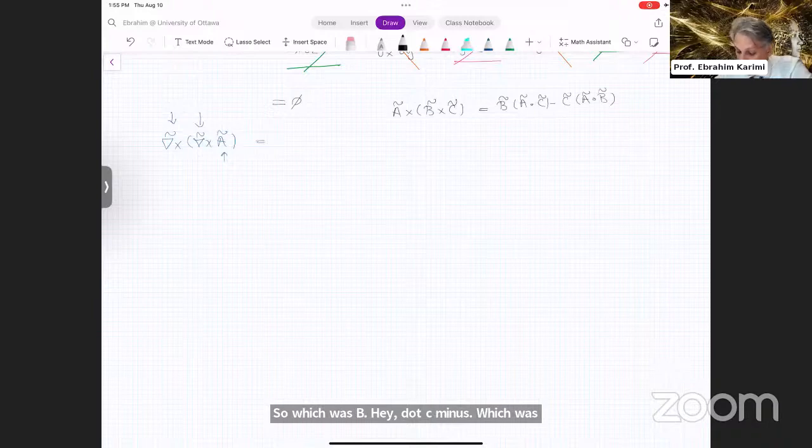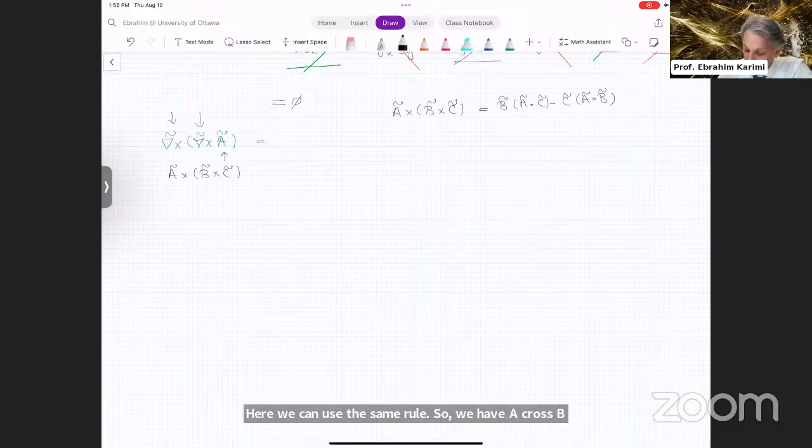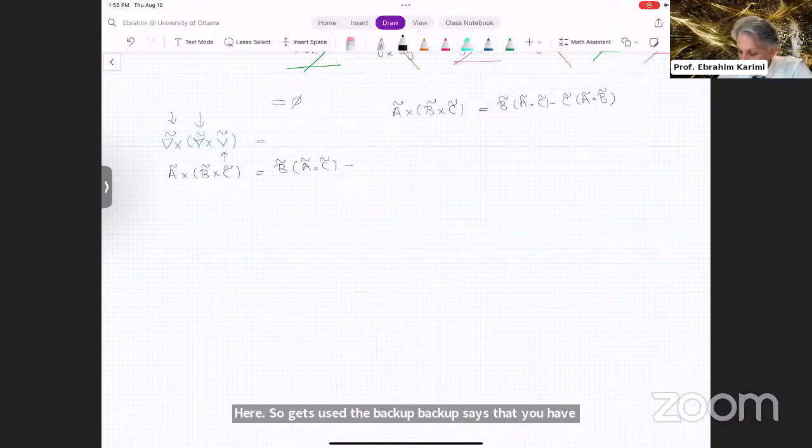Here we can use the same rule. So we have A cross B cross C, and let's go with the vector V just to not get confused too much here. So let's use the BAC-CAB rule. It says that you have B (A dot C) minus C (A dot B).